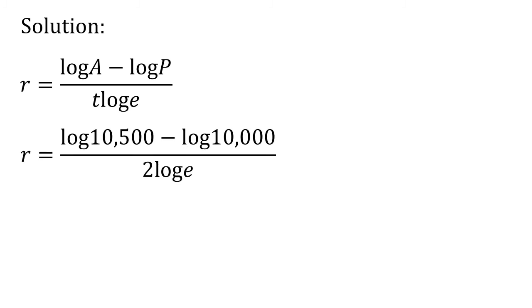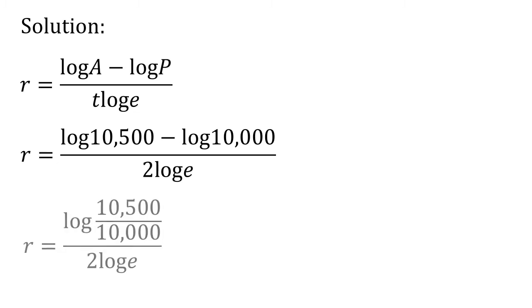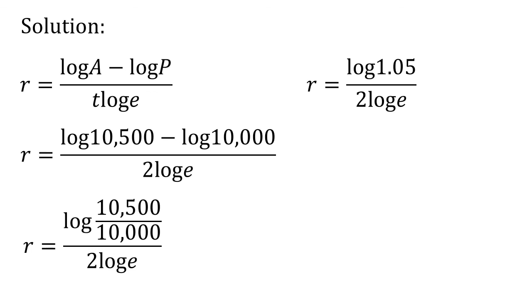Then substitute the values. Now we have r equals log 10,500 minus log 10,000 over 2 log e. Log 10,500 minus log 10,000 can be expressed as log of 10,500 divided by 10,000, and that's log 1.05.